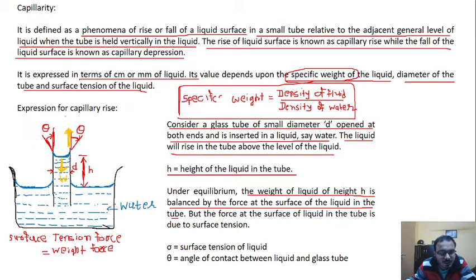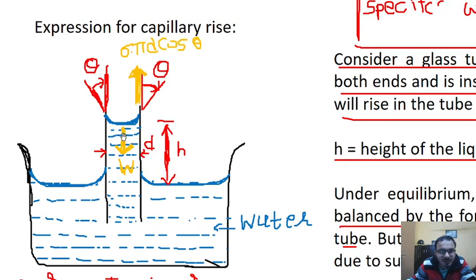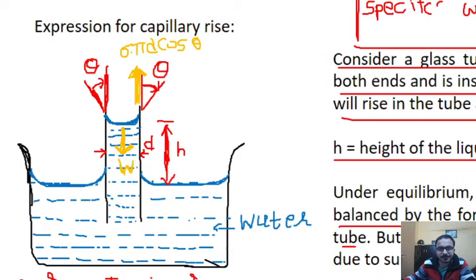So here it will be sigma into pi d, that is fine, but here the component of this force is only cos theta. So this we need to take care of. So here you can see carefully that W will be downward and the upward force, that will be the part of the total surface tension force, will be sigma pi d into cos theta.